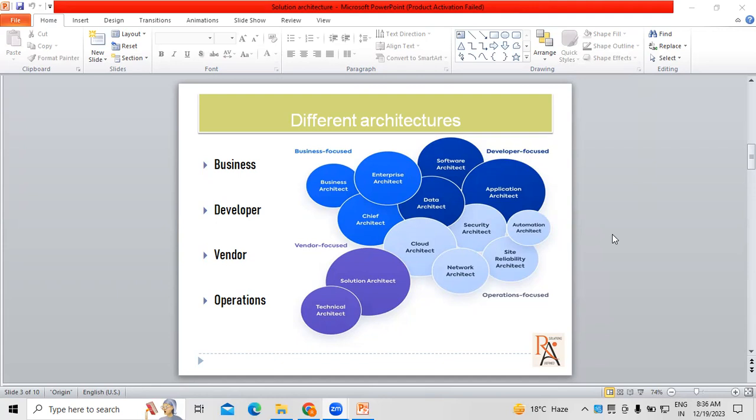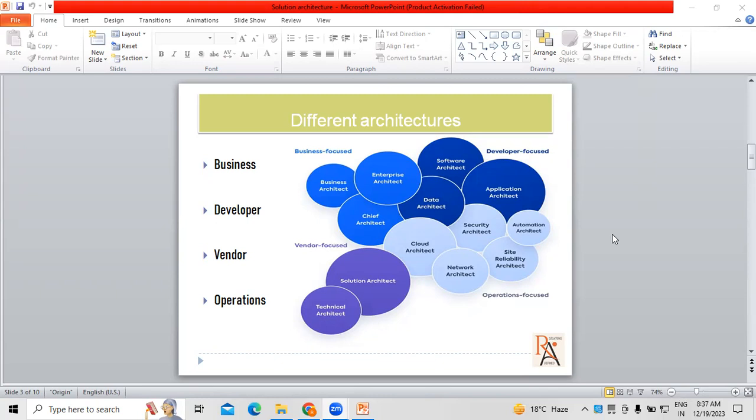The next was developer focused. Developer focused means the development side. When we are going to develop any solutions for the project, whatever kind of applications we are developing, data architecture, all these things come under developer focused. So this is the second area. Whatever application development we are focusing on comes under developer focused.